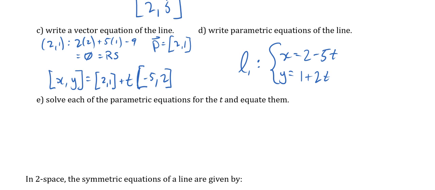Question E, solve each of the parametric equations for t. Okay, let's do that. So I start with x equals 2 minus 5t. Bring the x over, and I get x minus 2 equals negative 5t. X minus 2 over negative 5 equals t.